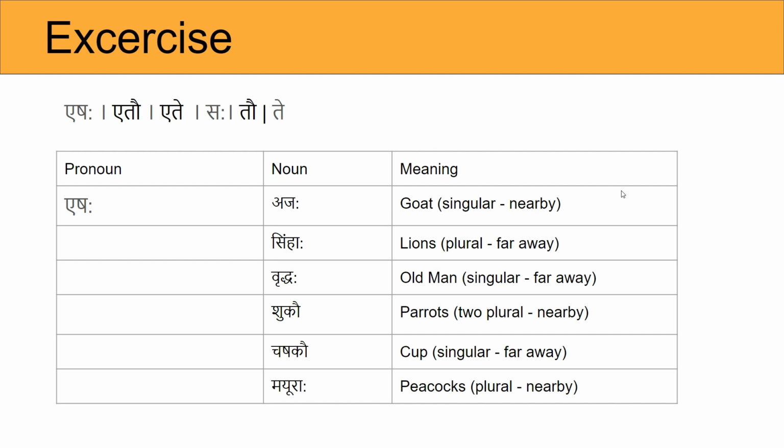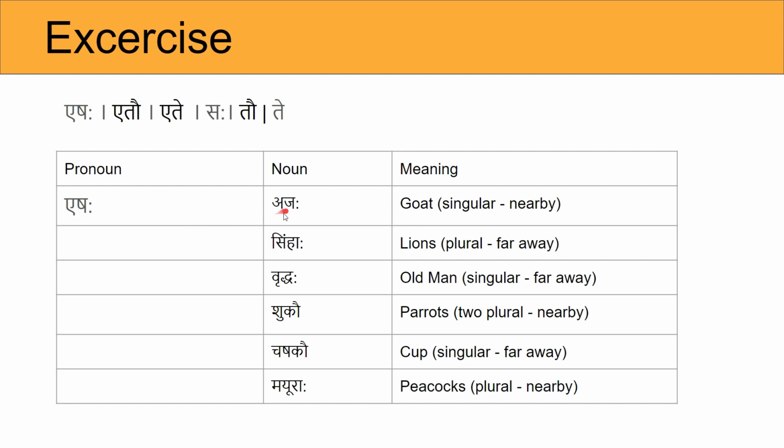Let us do one exercise. You can just write the answers in the comment section. I also share the answers in the description. All you have to do is take these pronouns and put them over here. I have given the nouns and their meanings, whether they are singular or plural, nearby or far away.